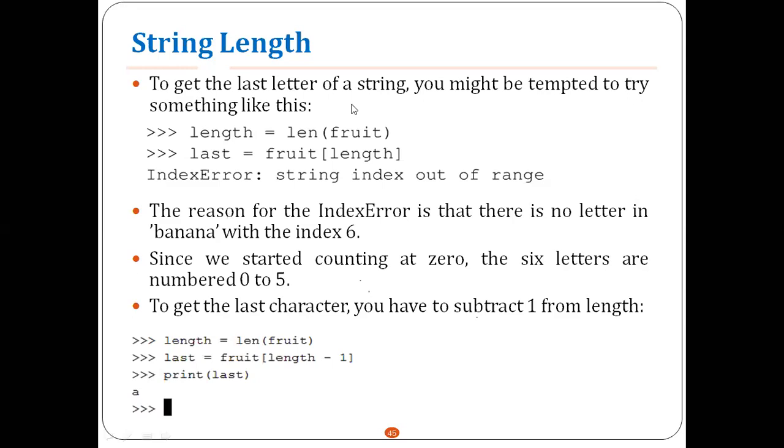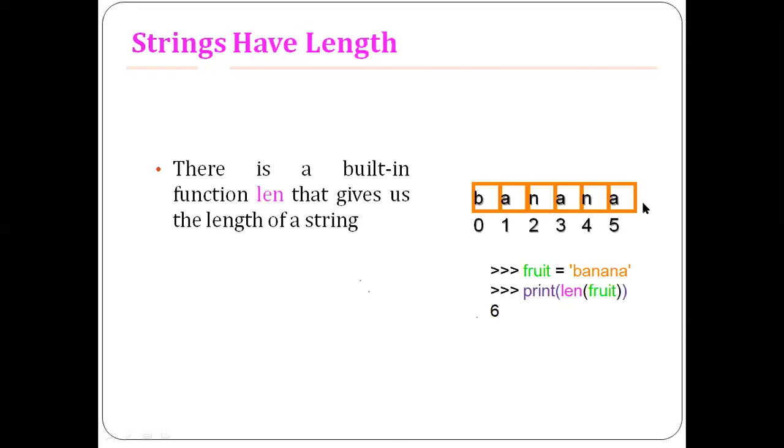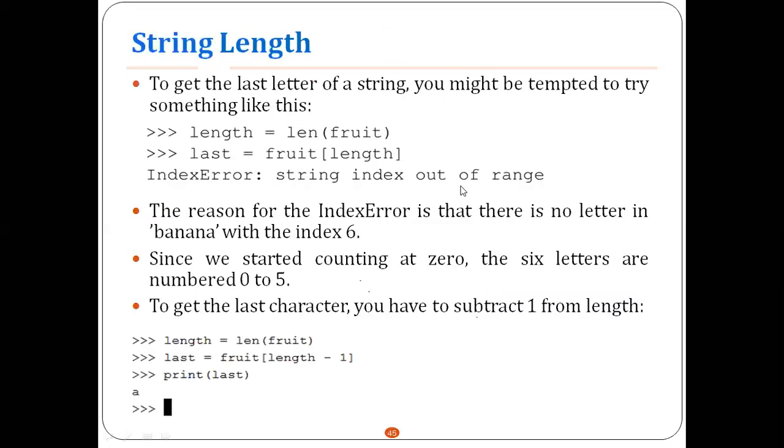To get the last character of a string, you might be tempted to write something like this: length is equal to len(fruit), the last character is equal to fruit of length, which is wrong, right? Because length is 6 in this case. So when I use fruit of 6, there is no character at the index number 6. That's why it will generate an error message called string index out of range.